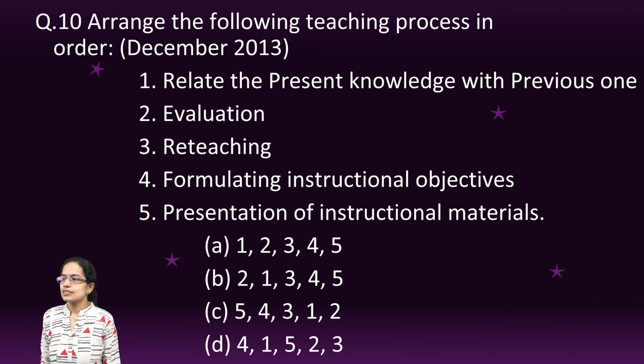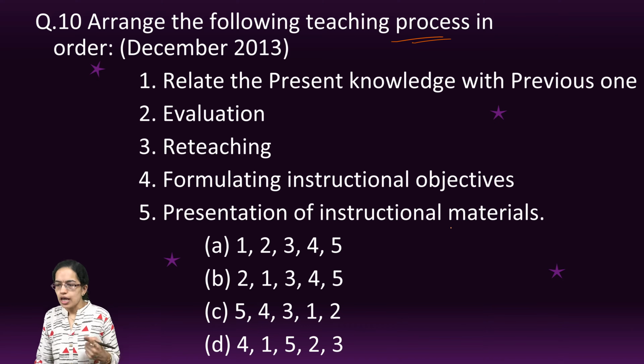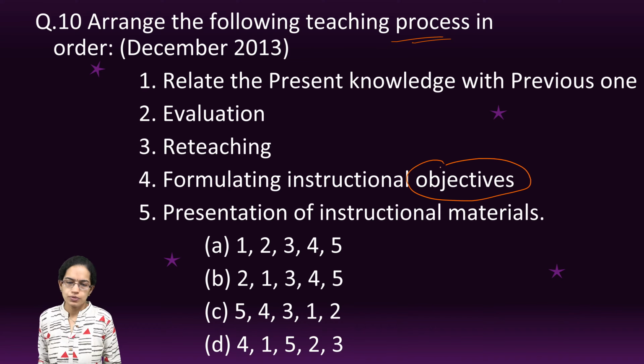The next is arranging the following teaching processes in the correct order. Now for any teaching process to happen, what happens at the first? At the first, you have certain objectives to be fulfilled. Once you have the objectives, you would present the knowledge with the previous one, that is review of literature.